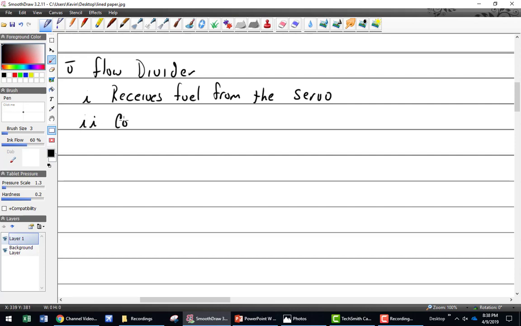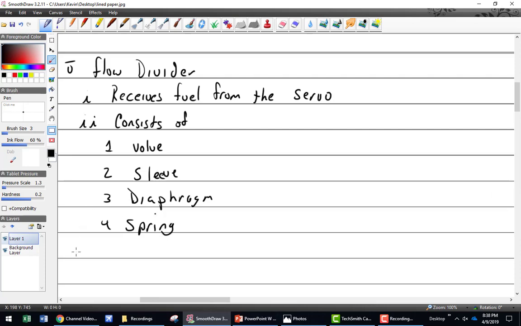It consists of a valve, a sleeve, which the valve runs in and out of, it has a diaphragm, and it has a spring. And those are the major parts.